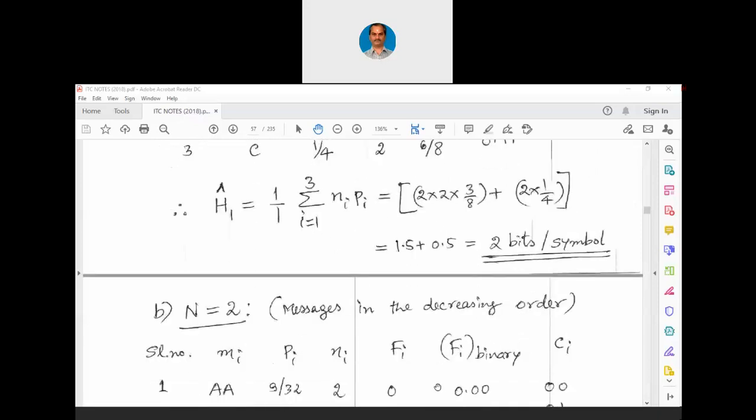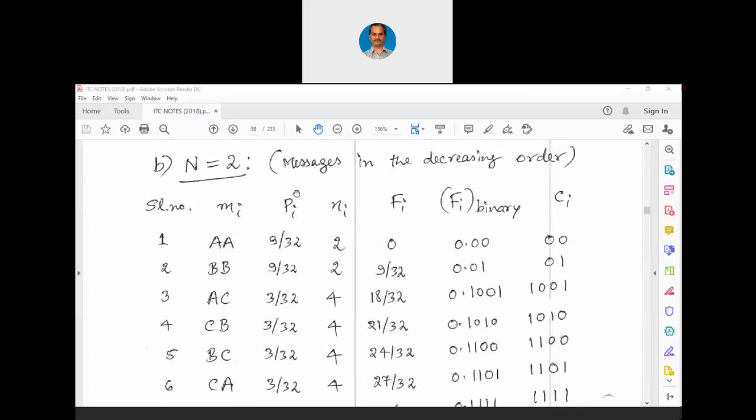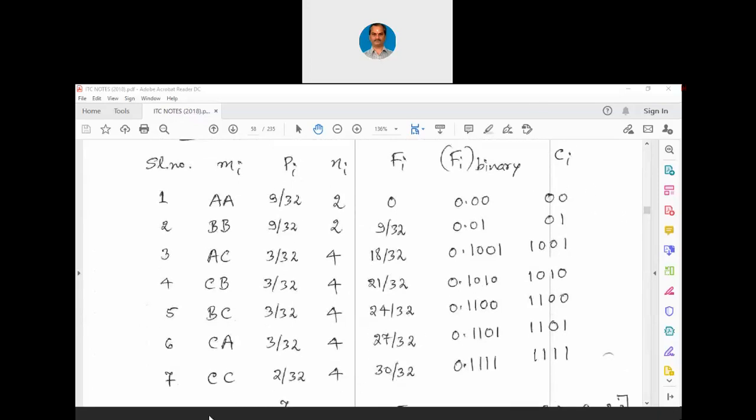Now let us go to the next part, n equals 2. In this n equals 2, messages, we have to write them in the decreasing order. I am taking the same results which we had computed earlier. We have this AA, BB, AC, CB, BC, CA and CC. You will have to refer to the notes later on, in whichever page this particular exercise is there. I have listed all those probabilities here now in the decreasing order.